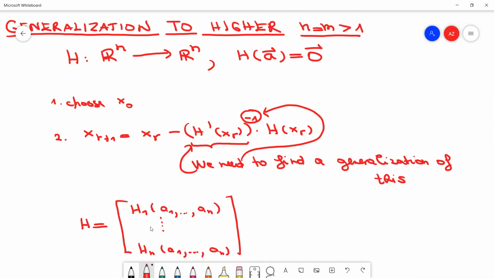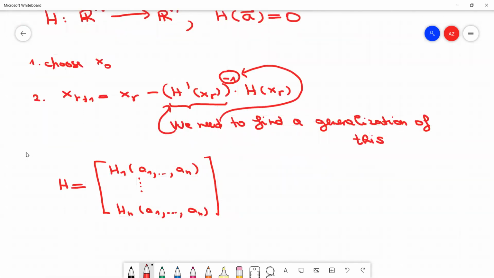So we have n functions and n unknowns, and we can differentiate h1 with respect to a1, with respect to a2, up to with respect to an. And this is what we can do for every coordinate function. And this is exactly what we do for the derivative.